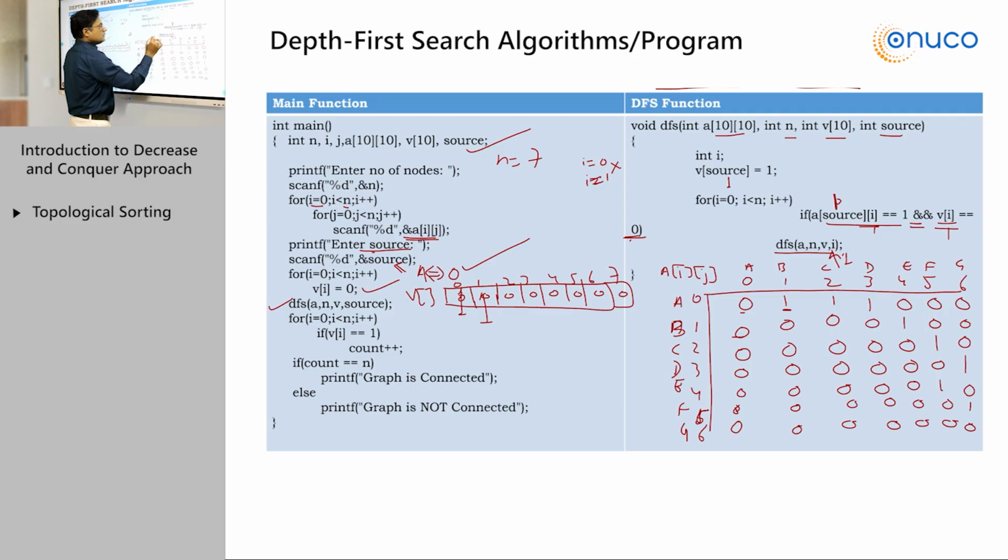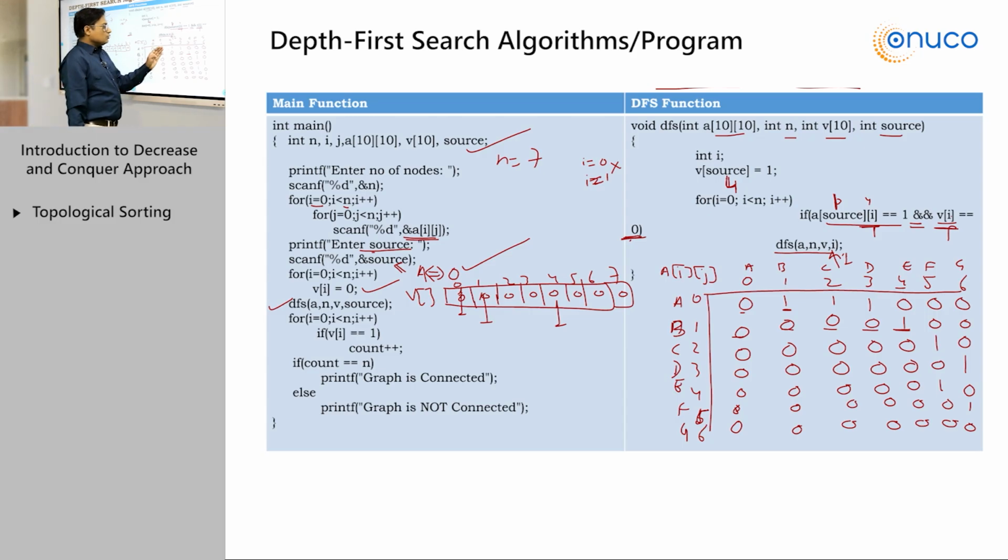I is increased. 1 to 1 is 0, 1 to 2 is 0, 1 to 3 is 0, 1 to 4 is 1 in the adjacency matrix. Now visited of 4. Since it is 1, we check visited of 4, and visited of 4 is 0. So both the conditions are true, left side and right side. Hence we are going to call DFS of A and I again, and we are going to make visited of 4 equal to 1.